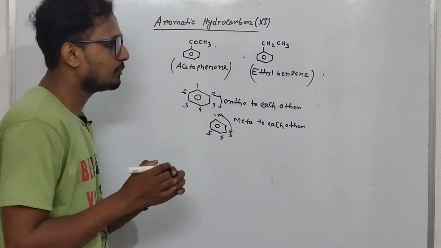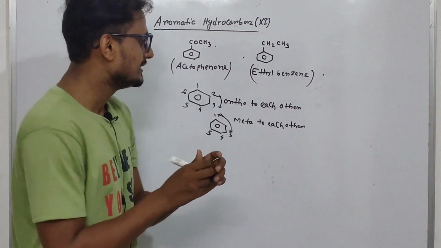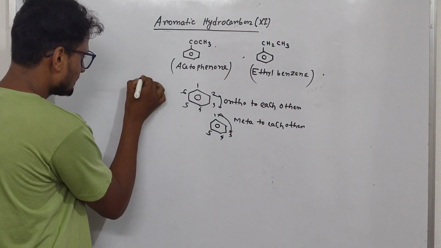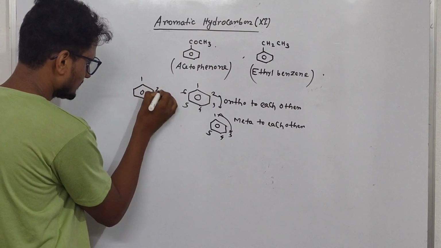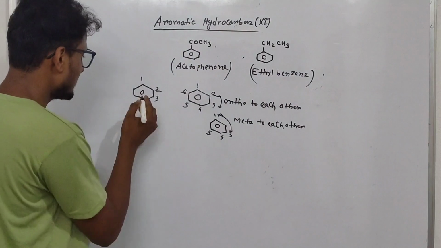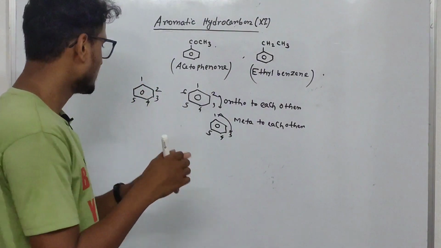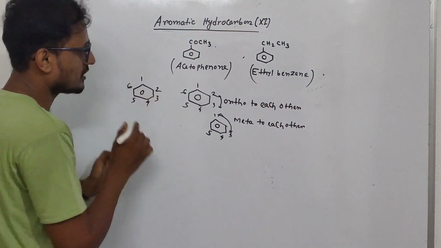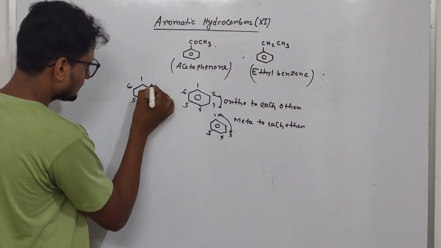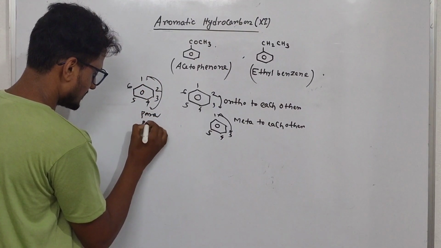Now the positions which are completely opposite to each other are para to each other, which means para positions. So 1, 4 positions are para positions. Again we can say 5, 2 are para positions because they are opposite, and 3, 6 are opposite to each other, para positions. So these are para to each other. 1, 4 para position.